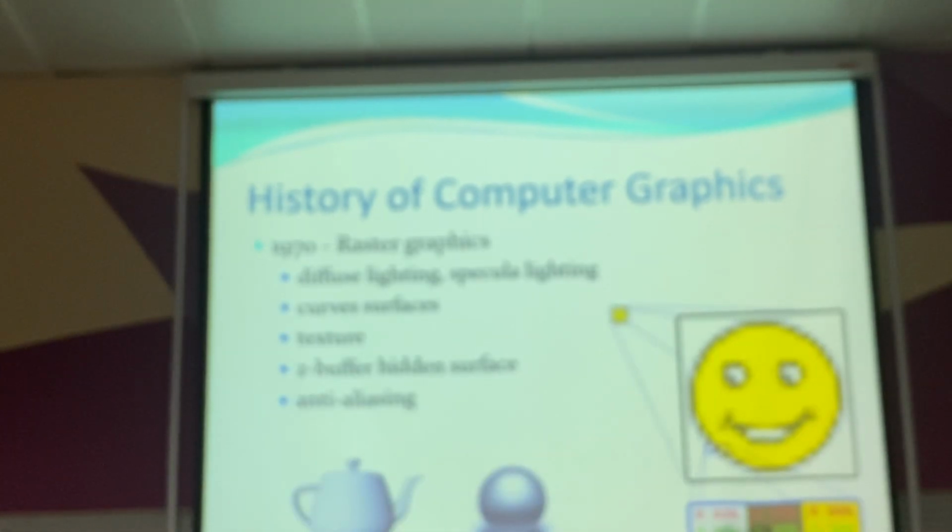Then in 1970 there was an improvement and we started to have colors, but only the main colors, red, green, blue, RGB, with raster graphics, which means it supports pixels already. Vector, with lighting, curves and textures, so you could create this kind of graphics in 1970.